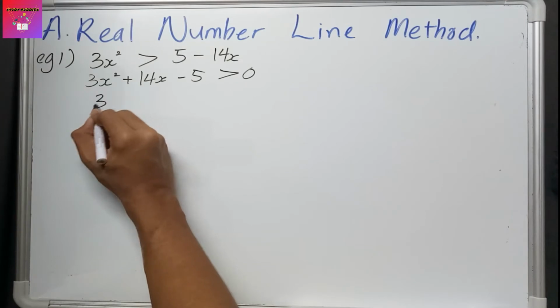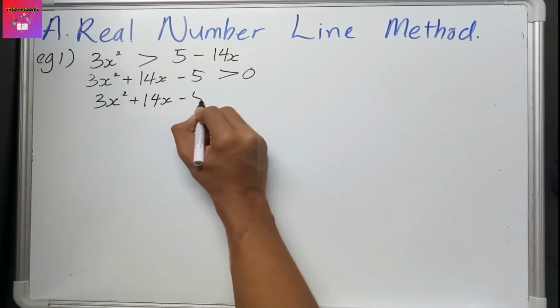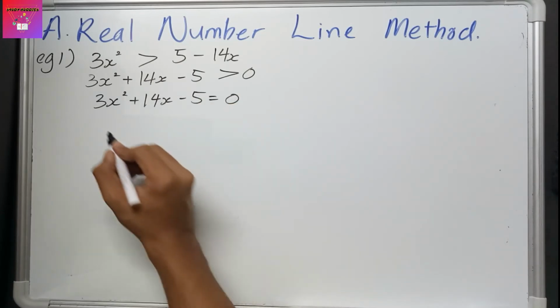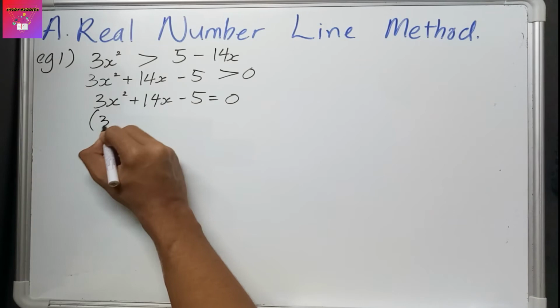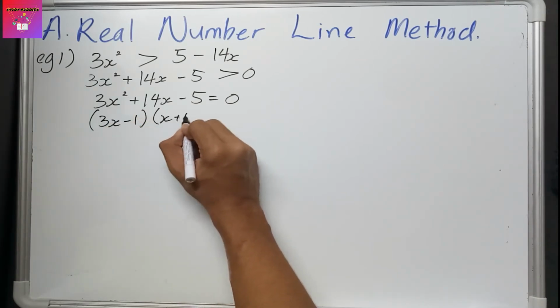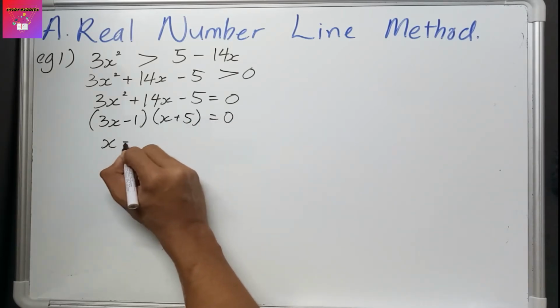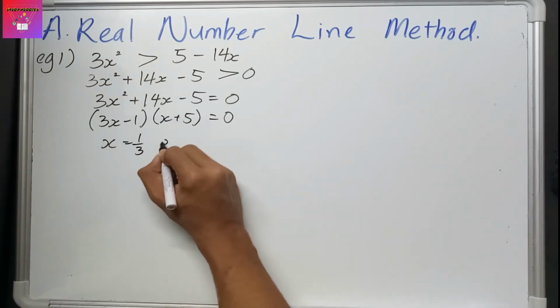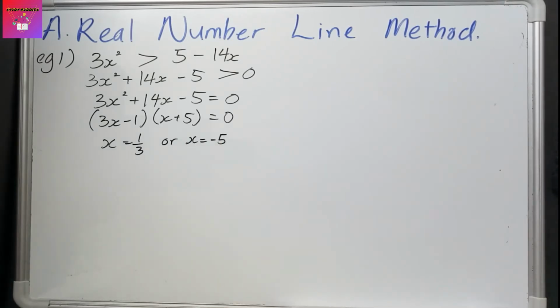So to do this, we have to solve the quadratic equation, of course, using any of the methods. I personally prefer complete factorization, in which you'll get (3x minus 1)(x plus 5) equal to 0, and therefore the values of x are x equals 1 over 3 or x equals -5.